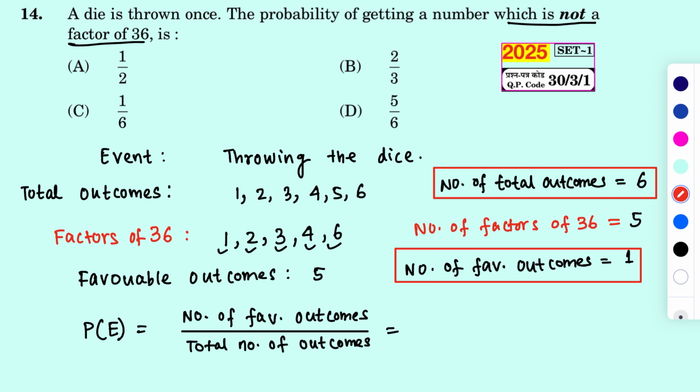The number of favorable outcomes is 1 and the number of total outcomes is 6. So the answer is 1 by 6. Hence option C is correct.